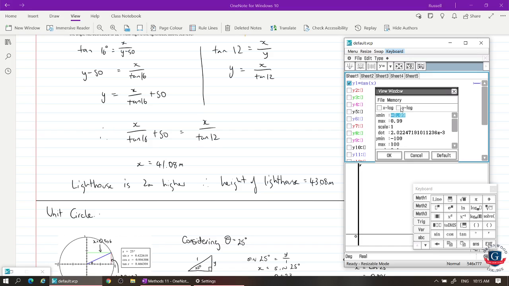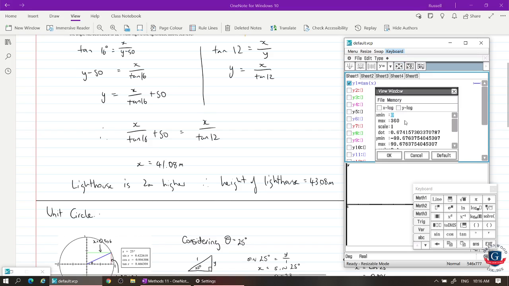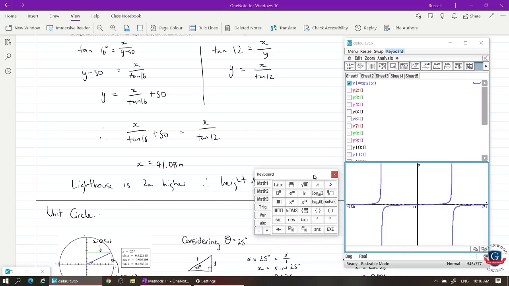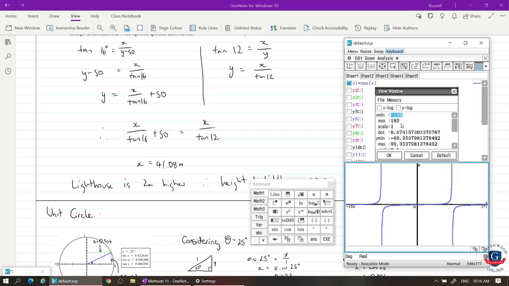Make sure this goes from 0 to 360. Actually, for tan we don't want that. We want it to go from negative 180 to 180. Let's see how that graphs. Here we go. So we end up with these two graphs here, and I might shorten that a little bit more, make it a bit more obvious.